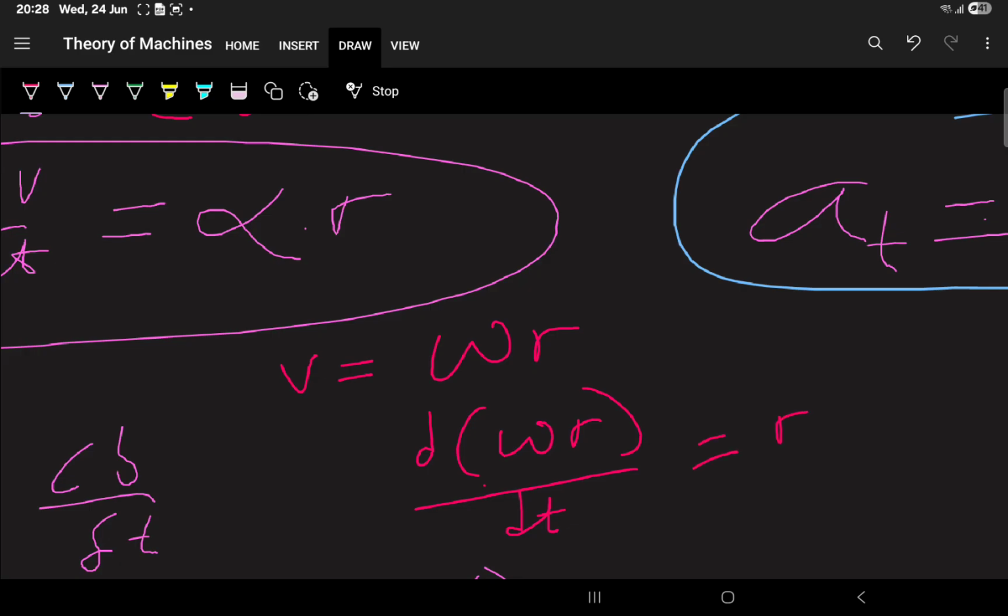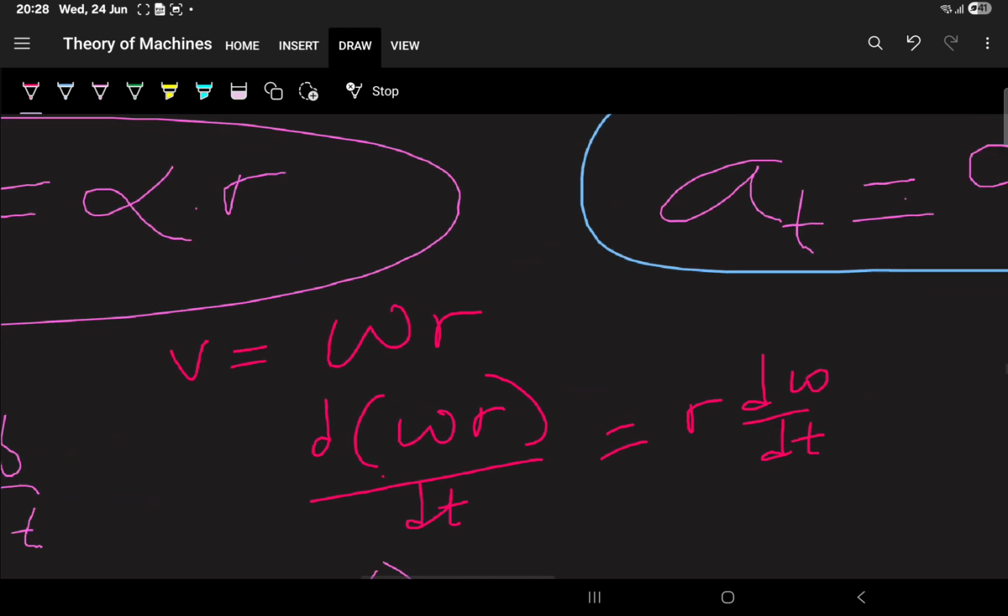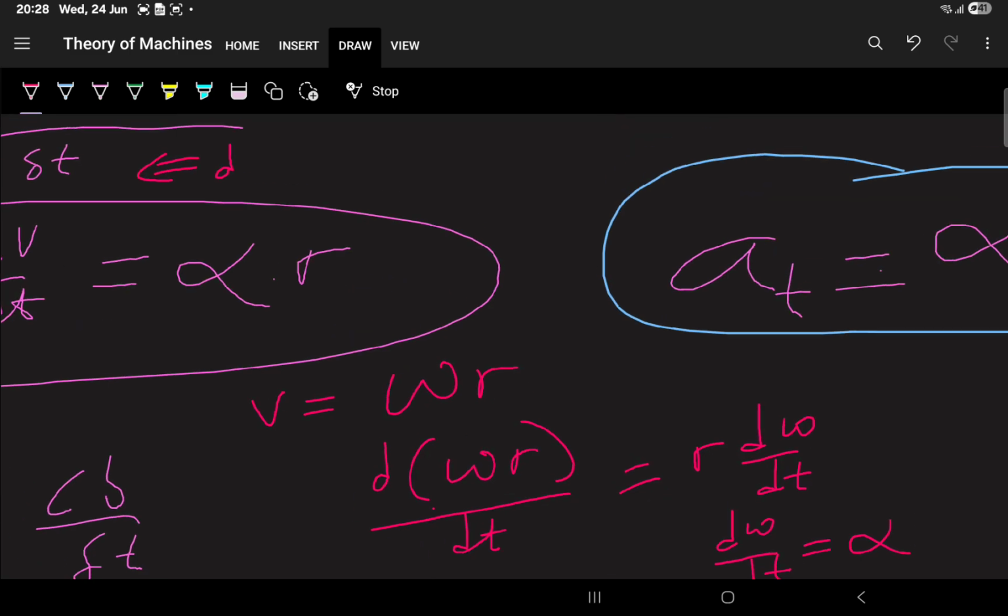And this equals r d omega over dt. Now we know d omega over dt is equal to angular acceleration. Hence, we have this multiplied by r. Again, please also go over your calculus.